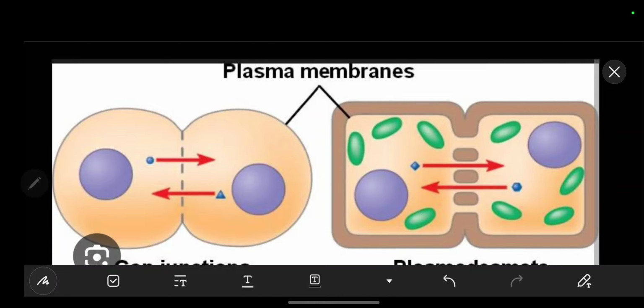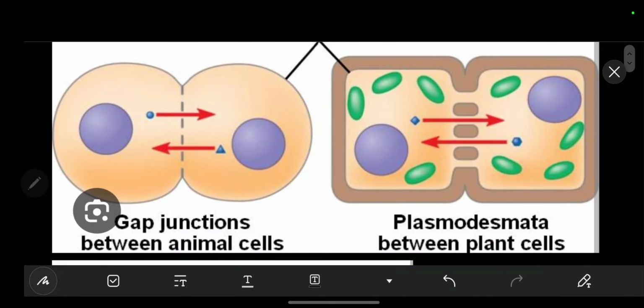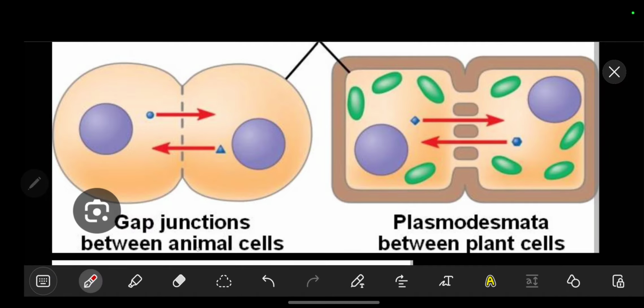So here today we are going to be looking at the plasmodesmata, the gap junction and the middle lamella. The gap junction and the plasmodesmata are very similar, but one distinct difference is that the gap junction is found in animal cells while the plasmodesmata is found in the plant cell.